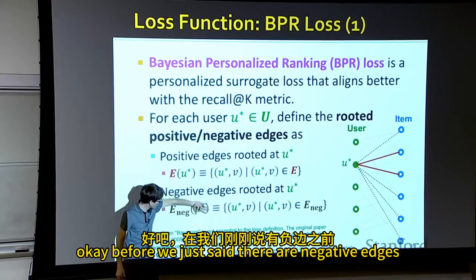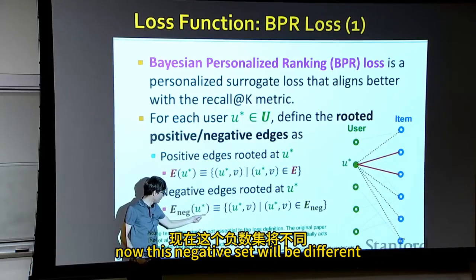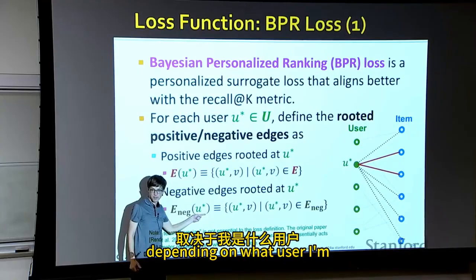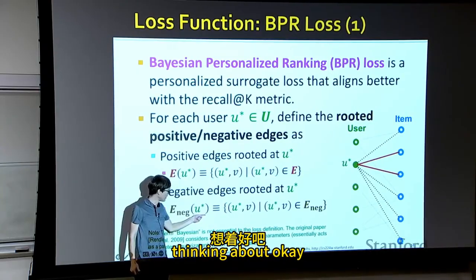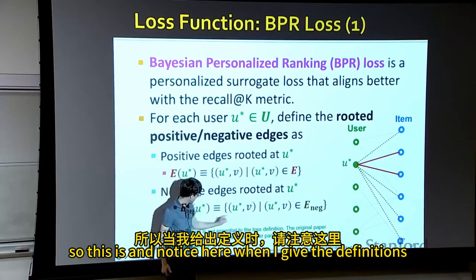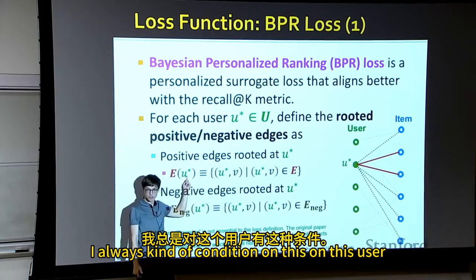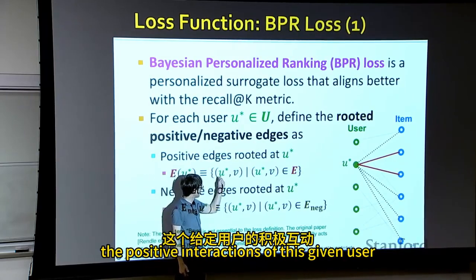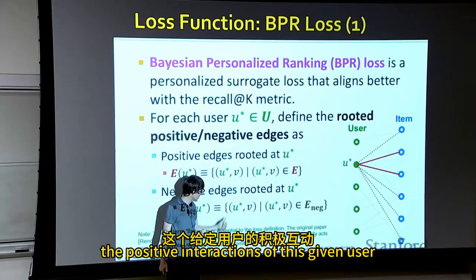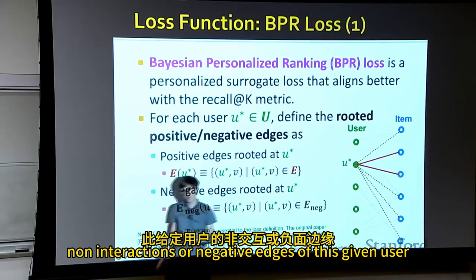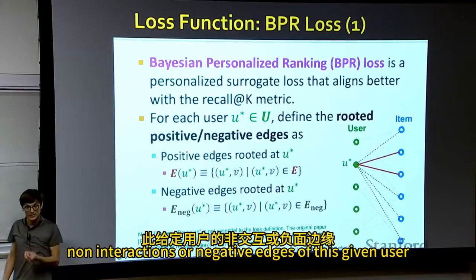Before we just said there are negative edges, now this negative set will be different depending on what user I'm thinking about. And notice when I give the definitions, I always condition on this user. I say these are the positive interactions of this given user, and these are the non-interactions or negative edges of this given user.